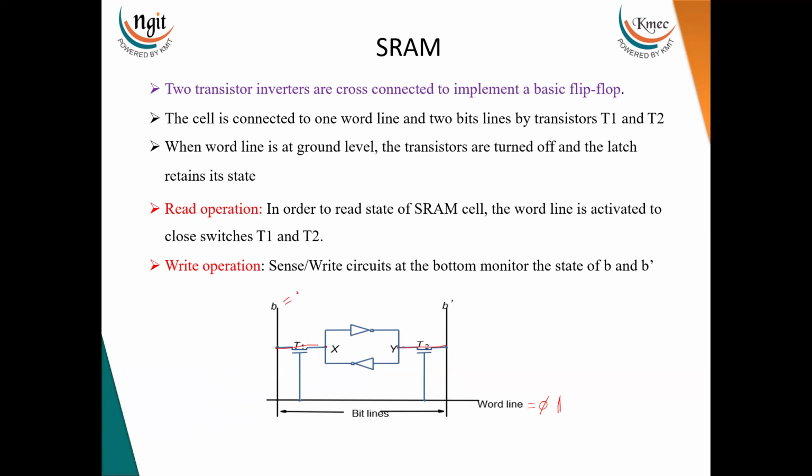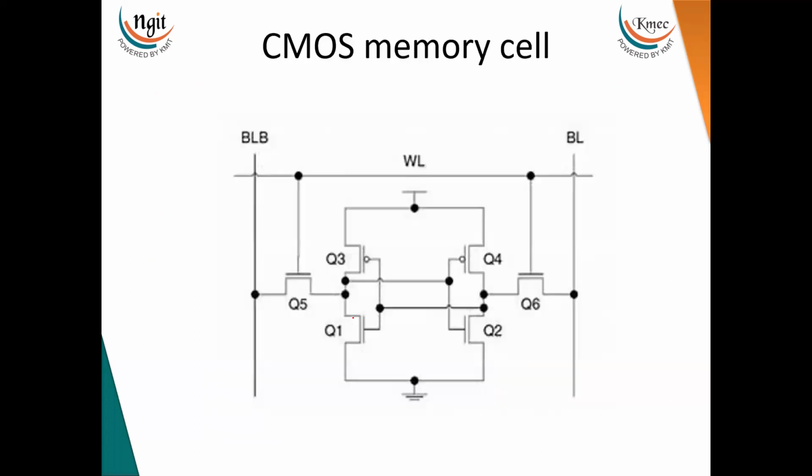B dash is always the complement of B. If the B value is equal to 1 and B dash value is 0, then how will it write this data? When the word line is equal to 1, these transistors act like a closed switch. Whatever the data is there, that is forced into this latch. Now this becomes 1 and this becomes 0. Like this, the processor will write the data.